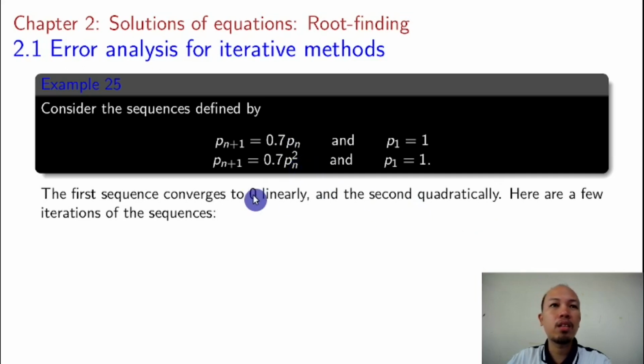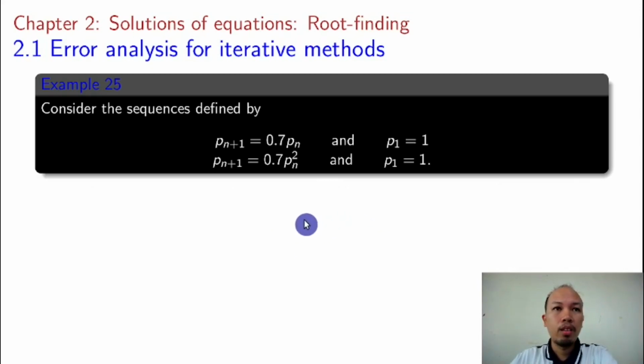There are some cases where even if it is raised to the power of 2, it is linear, and so on and so forth. Or if it is rational, then there are times that maybe it is linearly convergent. So just try to use the definition.